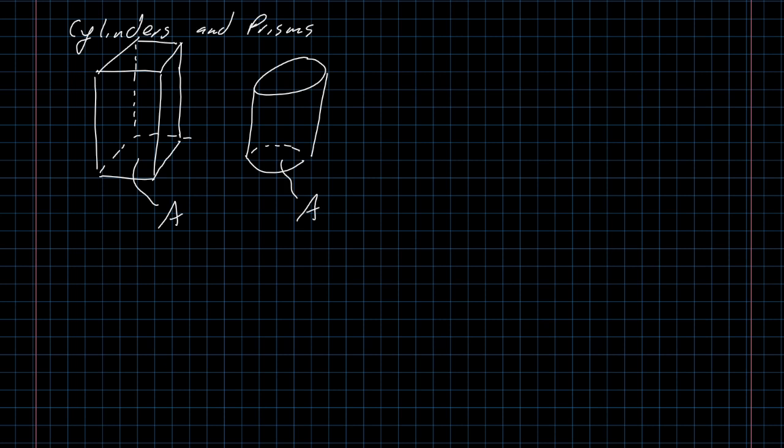But you can treat the top and bottom as a 2-dimensional shape, calculate its area, and then measure the height, the distance perpendicularly from the bottom to the top, and the volume is simply the area times the height. So if you have a box, a rectangular prism, well then the area is length times width.